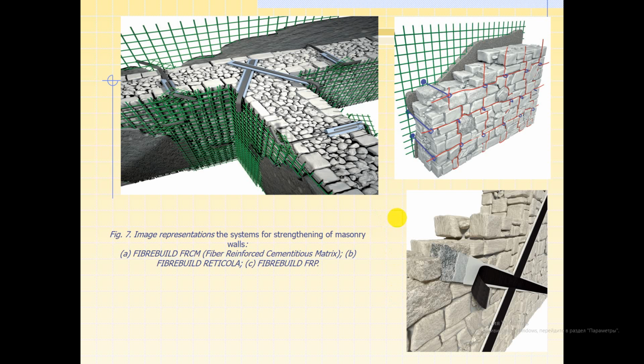Reinforced render method, where glass fiber-reinforced polymer meshes, connections and accessories are combined with lime-based mortars to obtain a collaborating reinforced render capable of improving shear, flexural and compressive strength of masonry.